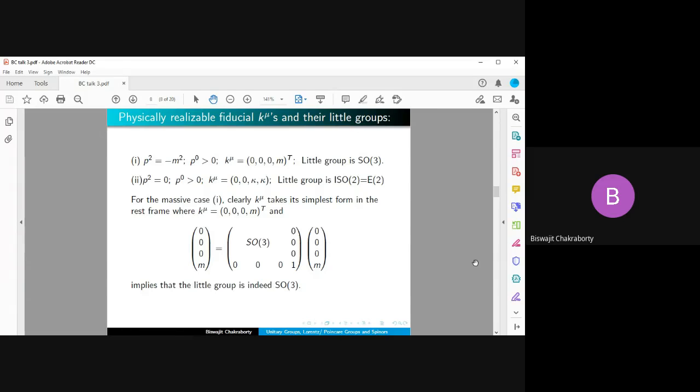To save space, I am writing it as a row vector and putting a transpose notation in the superscript, so that it is essentially a column vector. So 0, 0, 0 first, the x1 component, x2 component, x3 component, and the x0 time component is the last one. So if you are dealing with a massive particle, you are entitled to go to the rest frame, where K mu will take this form.